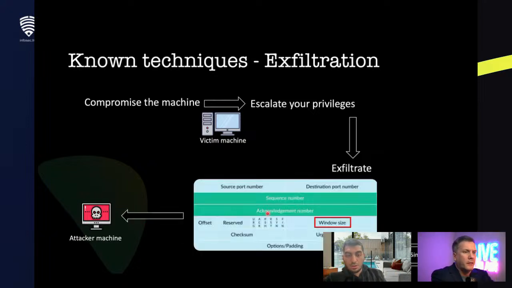But now, with this technique, and this is surely the simplified version, you compromise the machine, escalate your privileges, your data is located here, and the attacker machine will receive it. And surely, as you can see, this is the case of exfiltration.